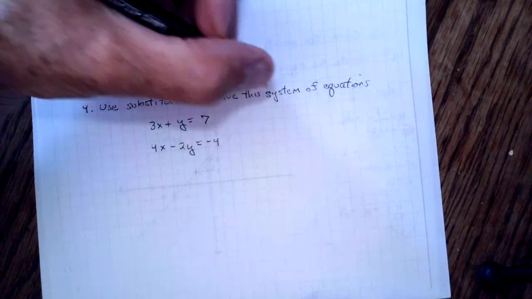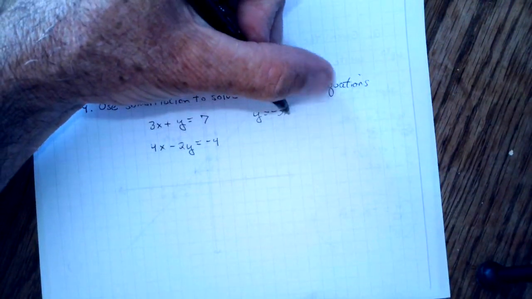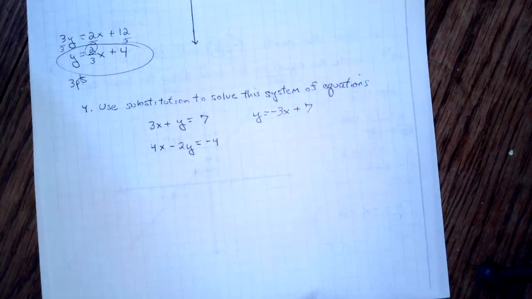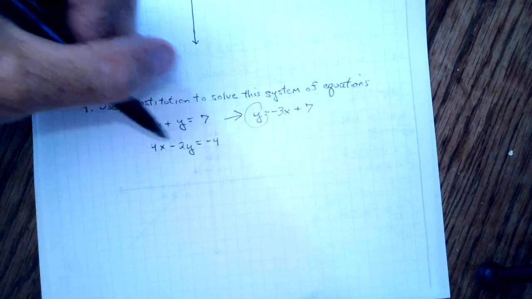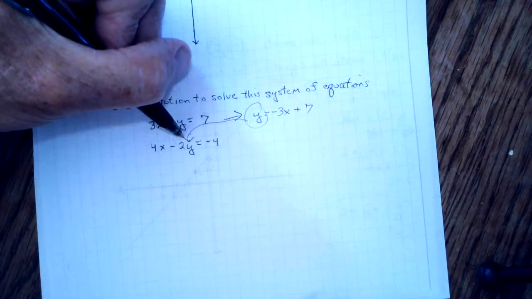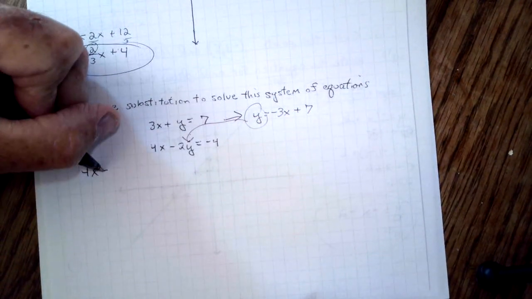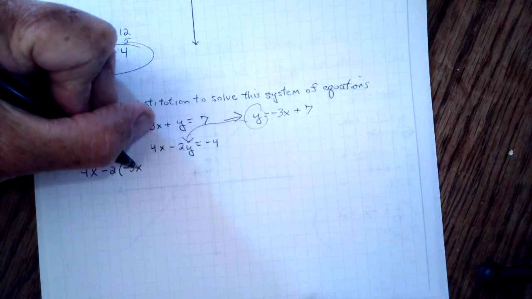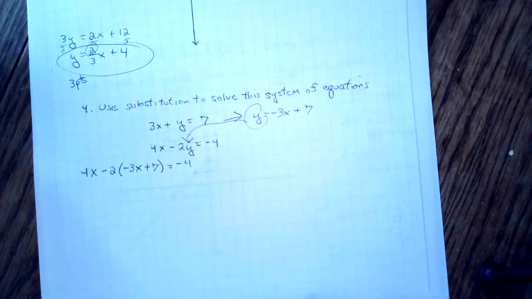If I just subtract 3x from both sides, I get y equals -3x plus 7. So this turns into that. So now I'm going to take this y and put it in that spot. So this becomes 4x minus 2, and instead of y, I'm going to do minus 3x plus 7 equals -4.